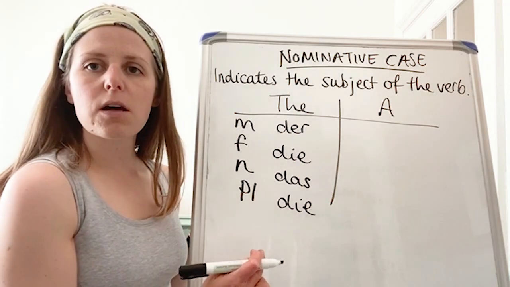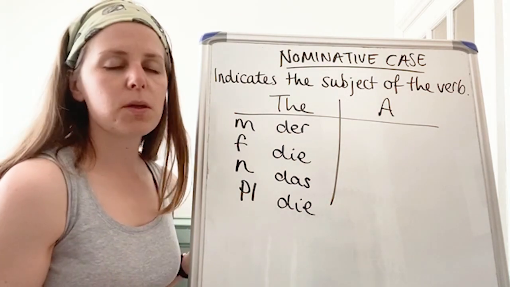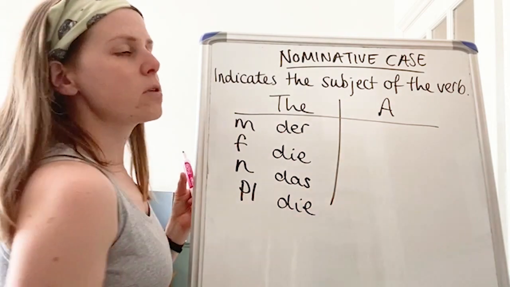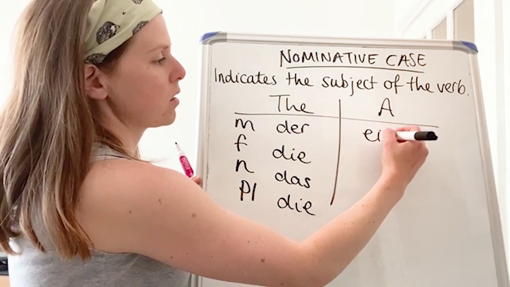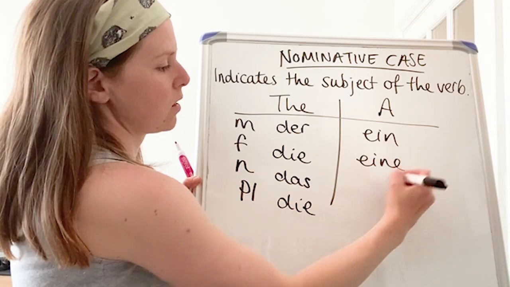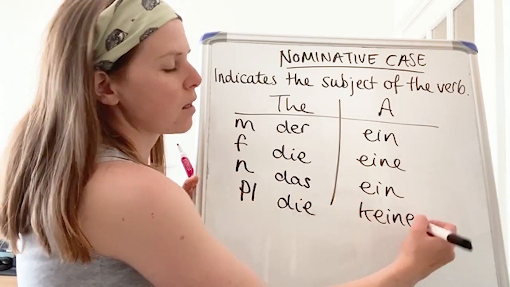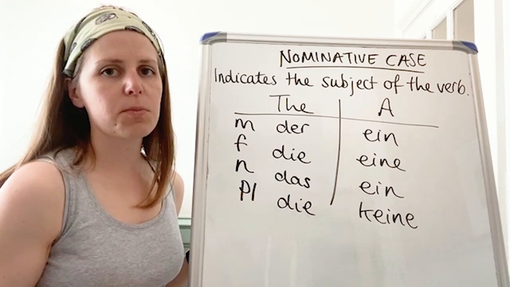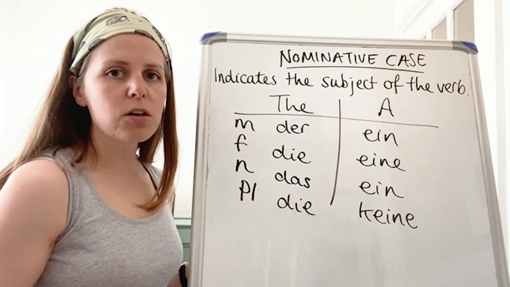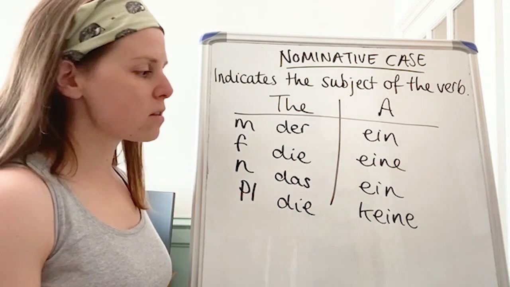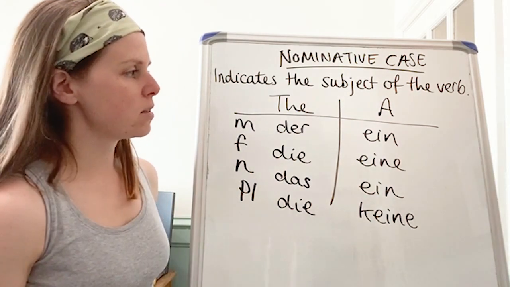So these are the words for the that you would find if you were looking up a noun in the dictionary. And the forms for a: ein, eine, ein, and keine. Now the reason that I've put keine there is because we can't say a sweets, because of the plural form, so we just imagine that there aren't any sweets. So we use keine, we can see that there.